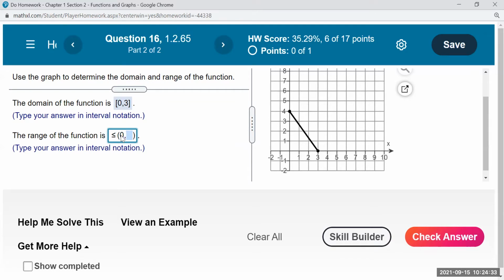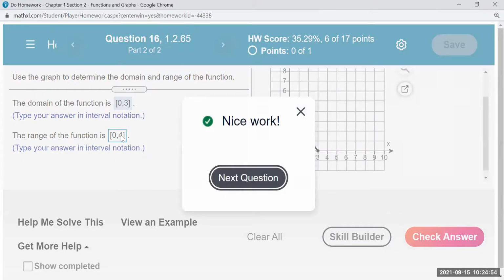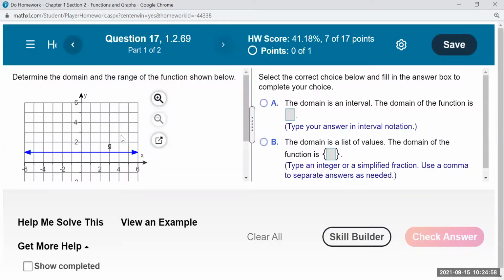So it goes from 0, it's got to be a bracket, and goes up to 4, and that's got to be a bracket. Open circles are parentheses, closed circles are brackets.